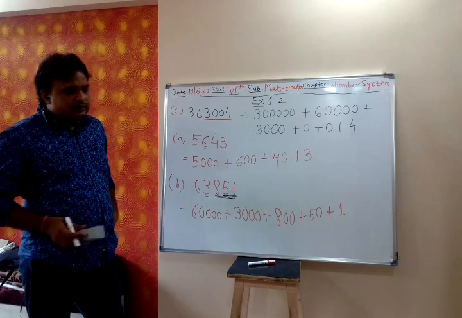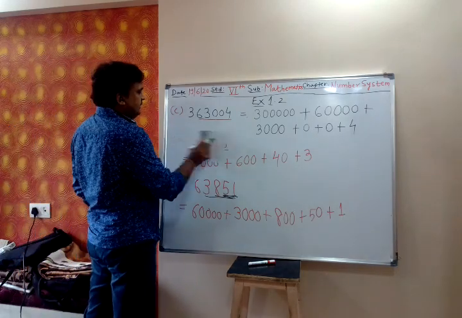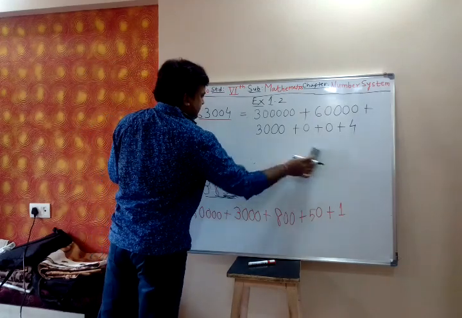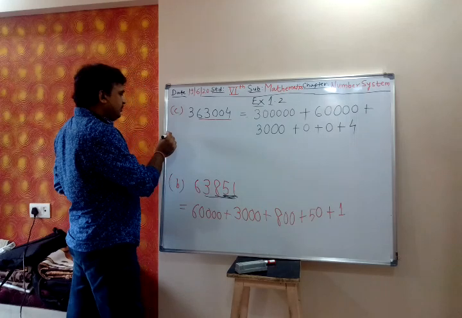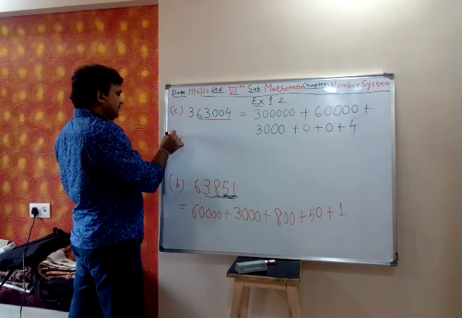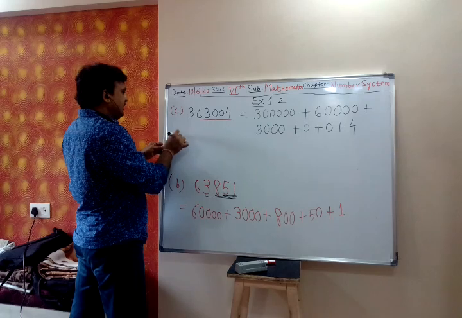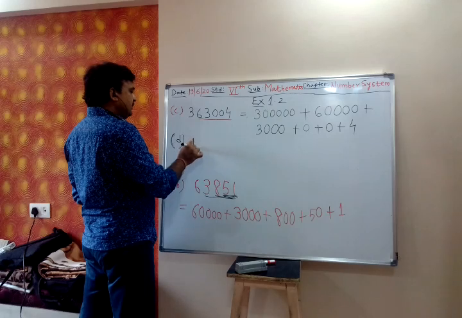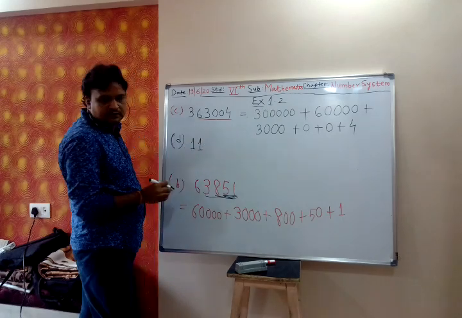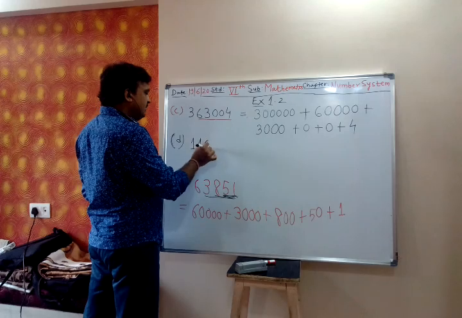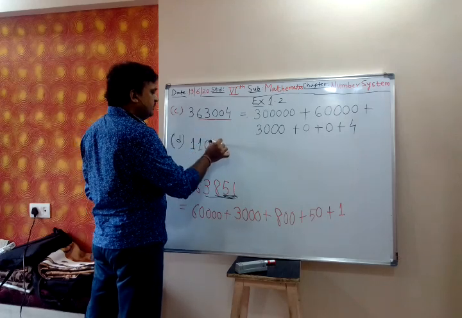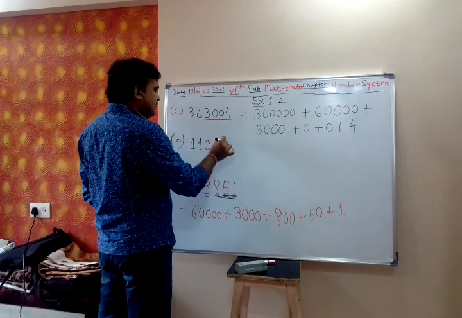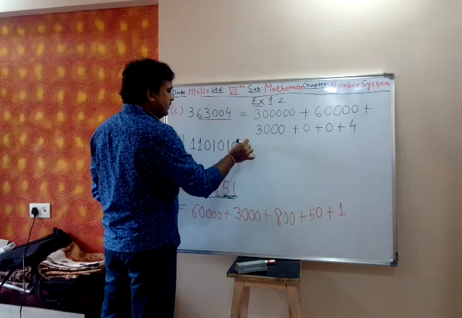Now, let us do D. You write a little bit fast because the board is small and the problems are more. Now let us start D. D is 1 1 0 1 1 0 1 0 1 1 0 1 0 1 0 1 0.